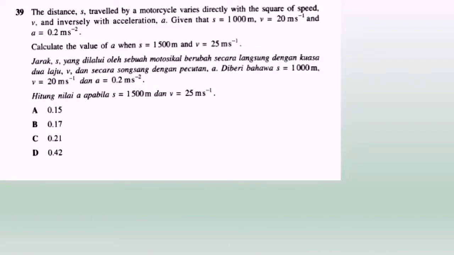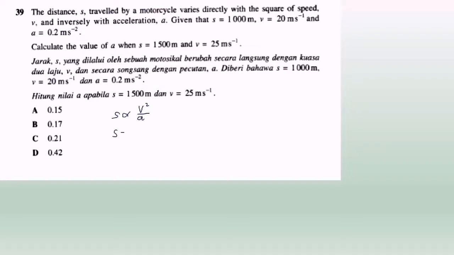Question number 39. The distance s traveled by a motorcycle varies directly with the square of speed v and inversely with acceleration a. So we write the variation first. s varies directly with the square of speed, so v squared, over inversely with acceleration a, so over a.